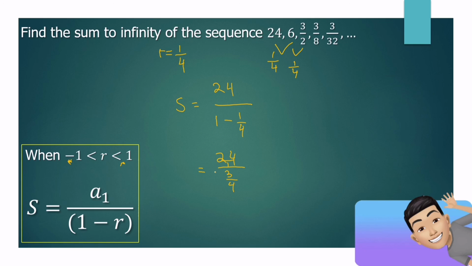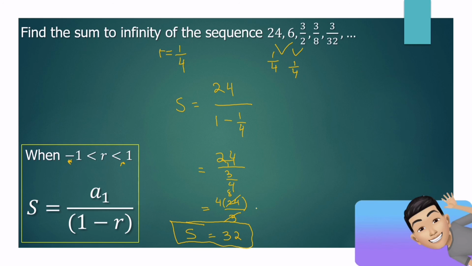So, cross multiply lang natin. That is 4 times 24 over 3. And that is, anong sum to infinity natin? Cancel ito. Magiging 8. What is 8 times 4? 32. Okay.